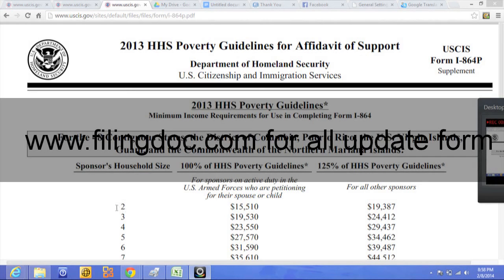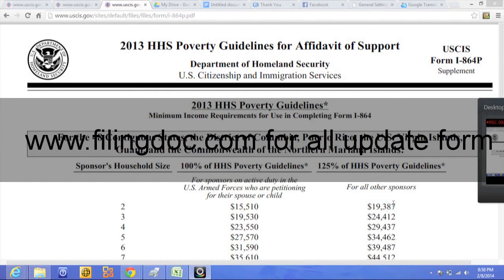So if the household size is 2, you will need 90,287 as your total income for the year. Okay, you will find that on your tax return. Your total income for the year should be 90,387.